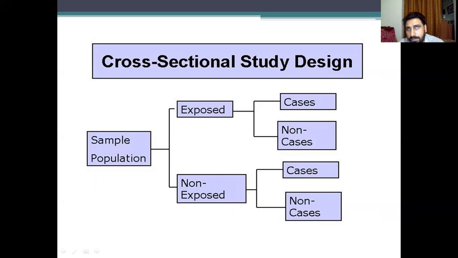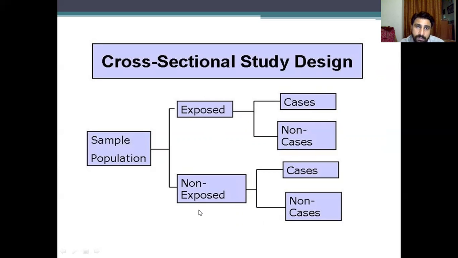For example, you decide on a study population like medical practitioners or doctors in an area, and some of them are cigarette smokers, that is, they are exposed to tobacco. You look at whether some of them have cases of lung disease or cancer, liver or lung cancers, or not, whereas some others might not have.